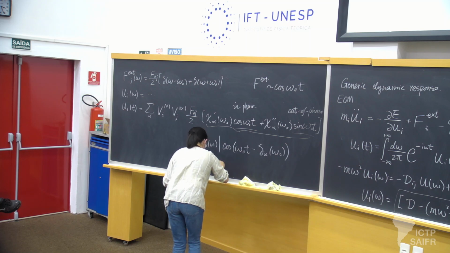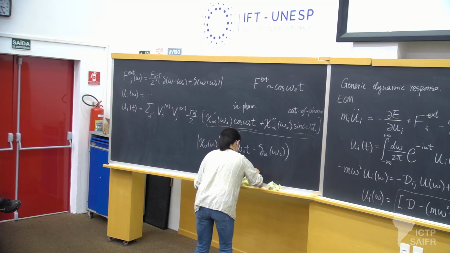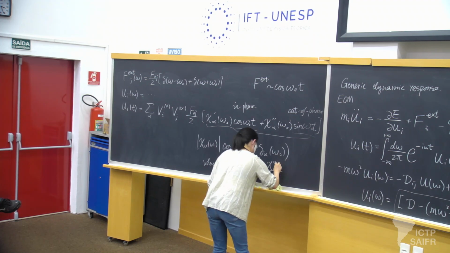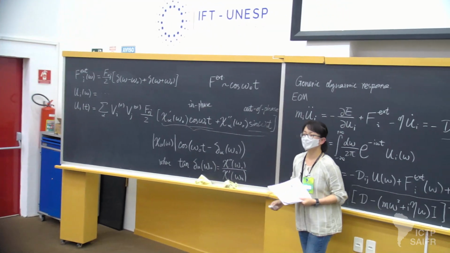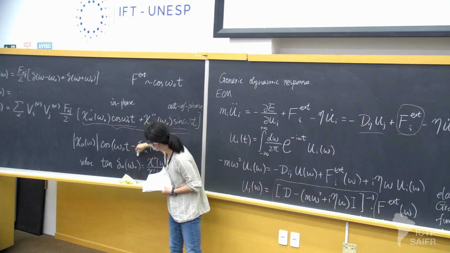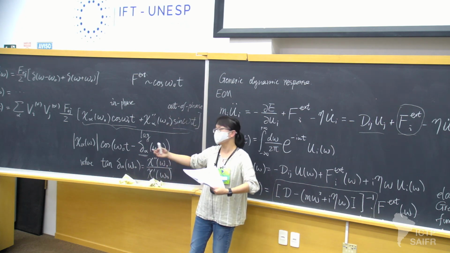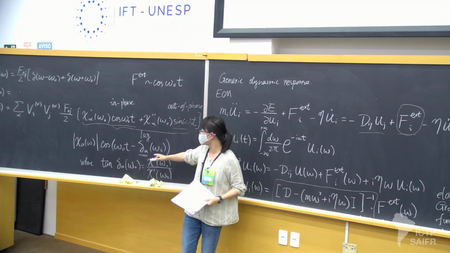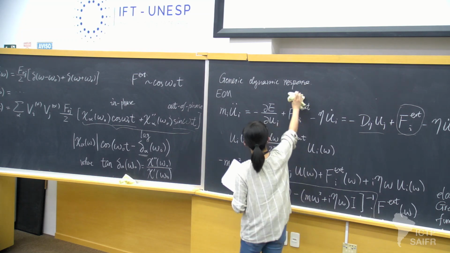Where tangent of delta equals the ratio, okay? And then now you can see very clearly that this delta is a phase lag, right? The force you give the system is cosine omega t, but the response of the system can be written as the signal delayed a little bit in time, right?